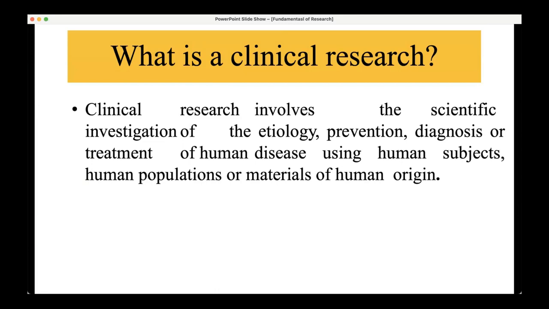The clinical research involves the scientific investigation of the etiology, prevention, diagnosis, treatment of human disease, using human subjects, the human population, as the materials.